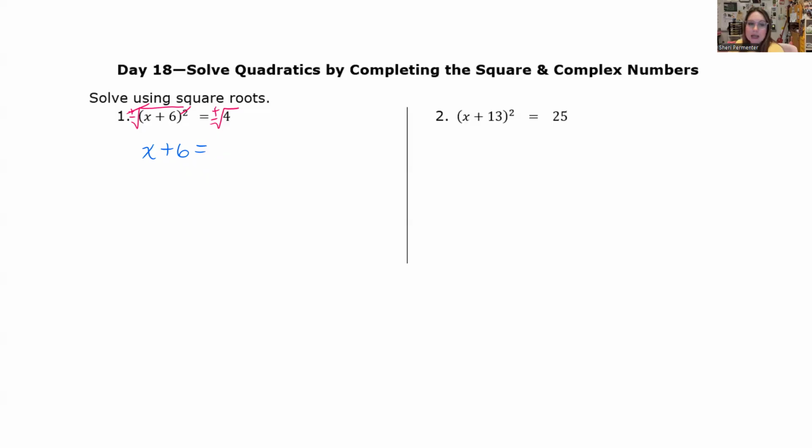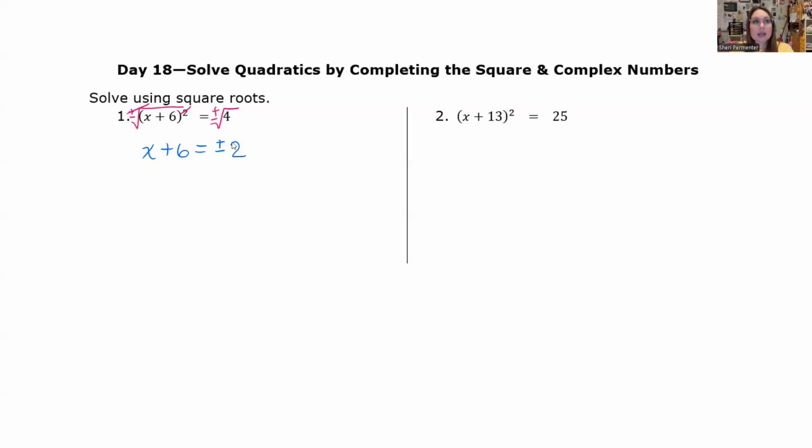On the right side, I am doing plus and minus the square root of 4. Well, what is the square root of 4? 2. So I end up with plus and minus 2. And sometimes it works out like that, we just get a value. Sometimes it works out that you get a square root and it doesn't reduce.